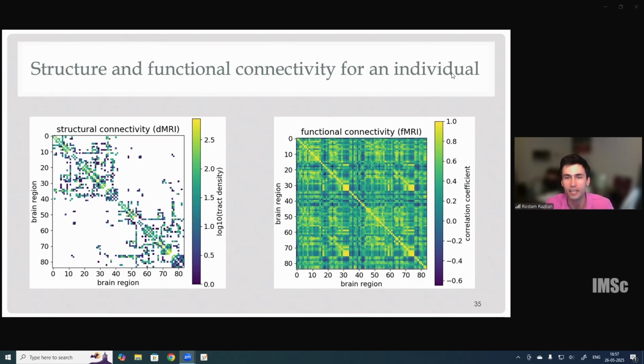There's activity everywhere. Everything seems to be correlated with everything. While on the left, you seem to just have a lot of empty space. So how could the left ever generate the right? This was the last project that I did at Stony Brook that we were trying to understand.